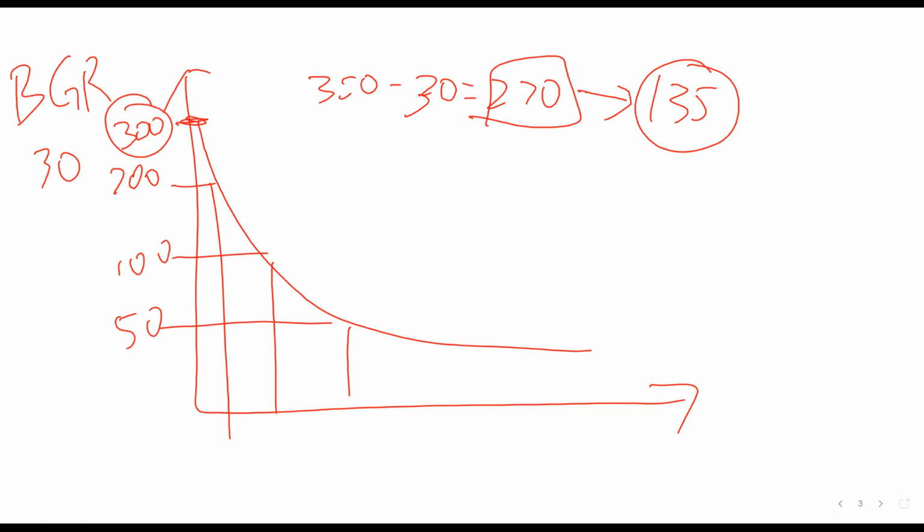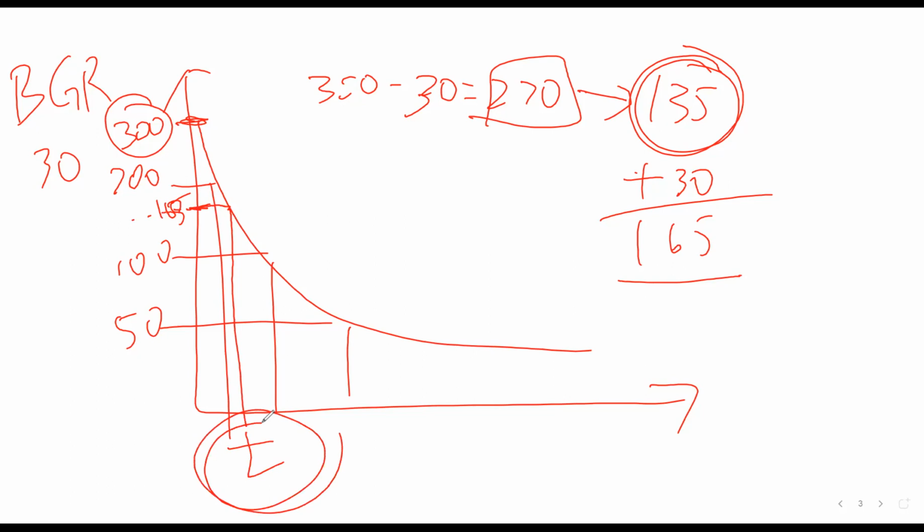You should not do it because this 135 is just the radiation count from the source, but the detector will yet again read back your background radiation. So you need to add 30 to get 165. Then only you find 165 somewhere here, then you find the time here. This is the half-life. You get what I mean? You must minus, then you must plus it back because the detector will not filter.